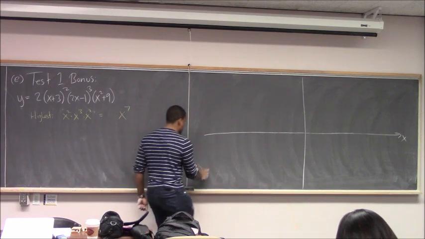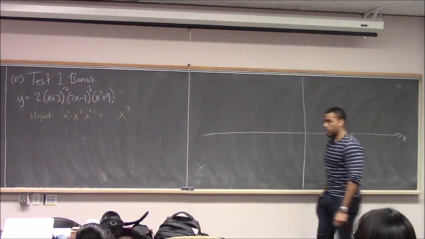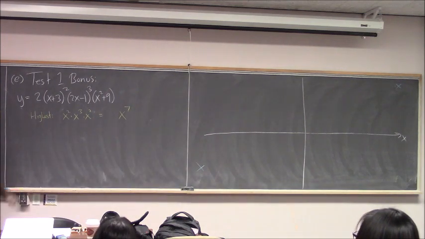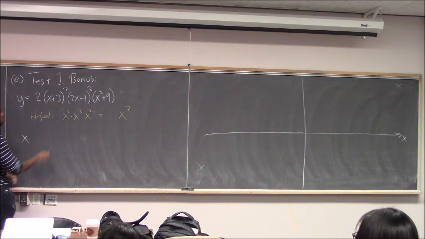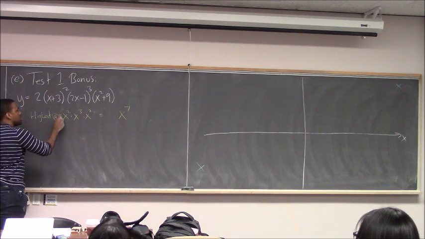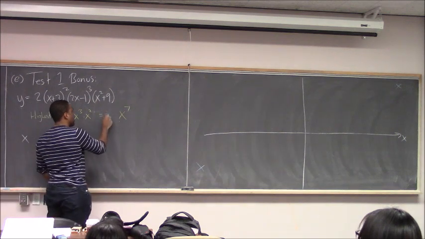I know the graph needs to be down here all the way to the left, and up here all the way to the right. Now let's find the specific points. Here you should notice that the leading coefficient would be positive. If you multiplied everything out, you'd have a 16x to the 7th, but that's not really important. What's really important is whether it's positive or negative, and what the highest power is. You're going to get a positive x to the 7th.